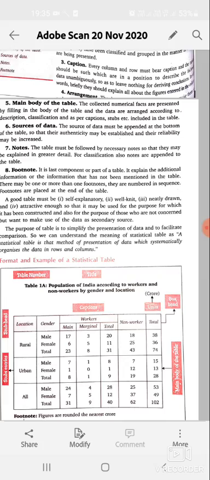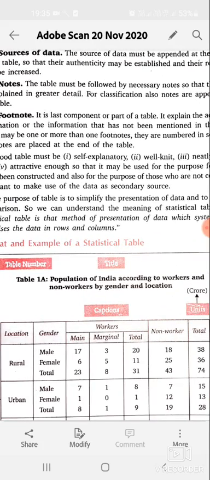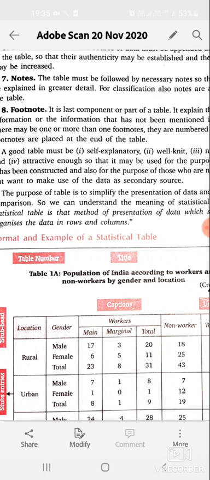You can see in the table, it's written table 1A. The table is numbered for easy identification. The number may be given on the top, with the title, or at the bottom. This is the table number, just like I have shown you, table number 1A.